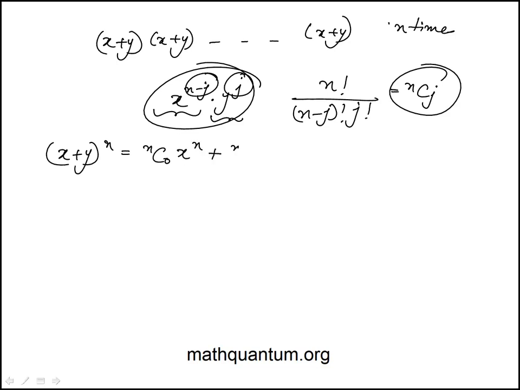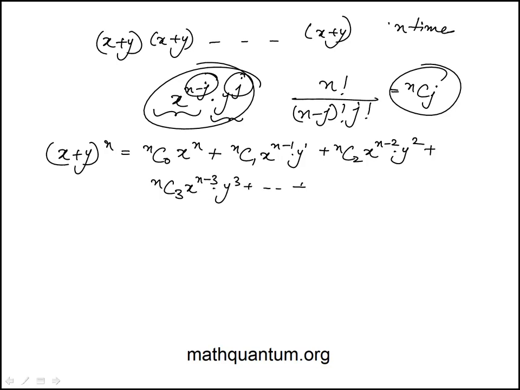nC0 x to the n, then the power of x goes down by 1, and we get y to the power of 1. Then nC2, x goes down, x to the n minus 2, y squared. Then nC3, x to the n minus 3, y cubed.